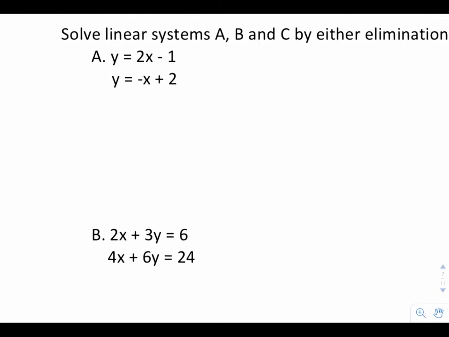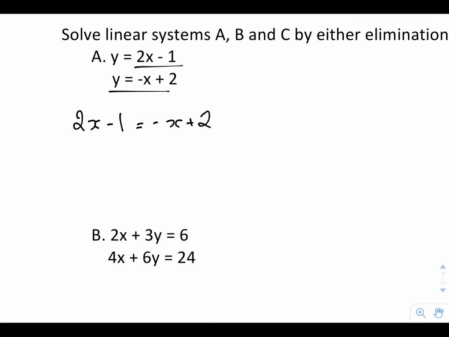So let's take the first system of equations. Now we remember this had one point of intersection. And in fact, if we solve this, I'm going to solve this by substitution. What I'm going to do is replace the y in the second equation with 2x minus 1 from the first equation. Negative x plus 2.